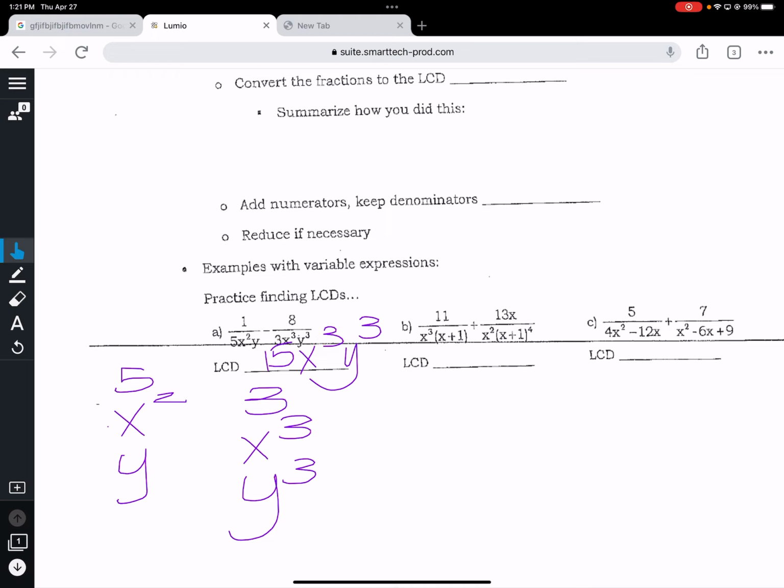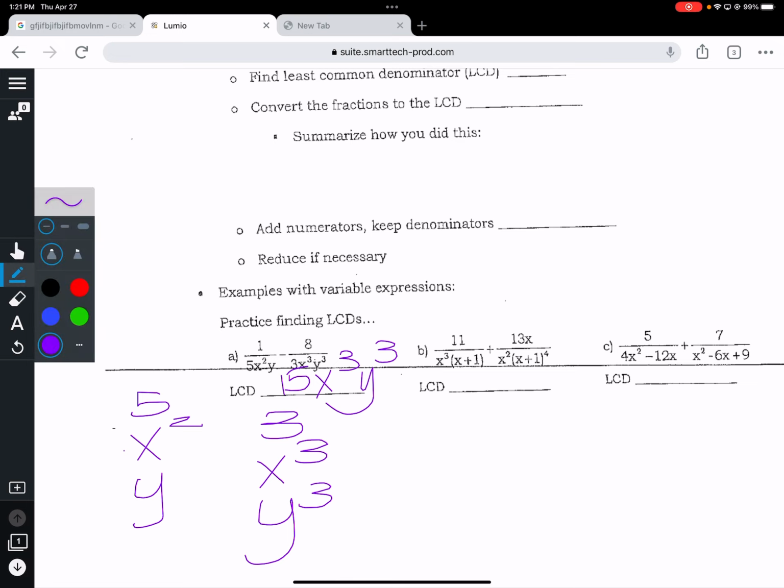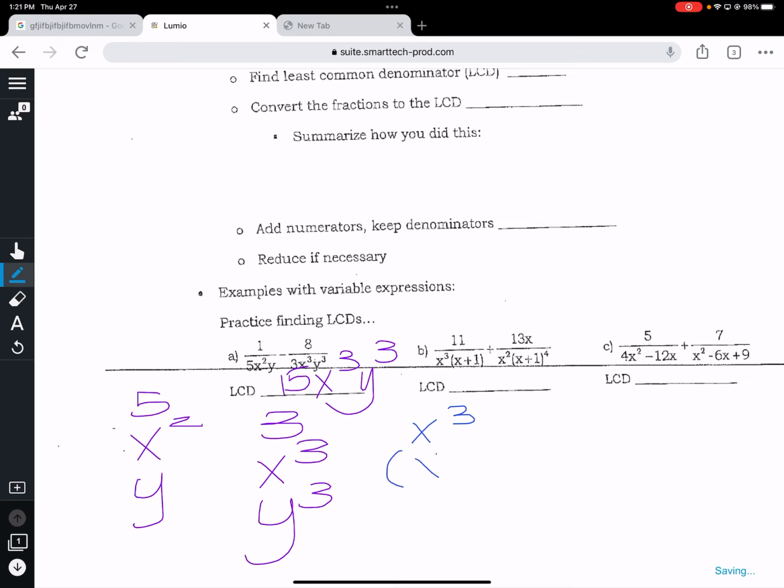All right, common denominator for b. We have x cubed, and we have this in parentheses, x plus 1, which kind of stands off by itself. You don't distribute the x to get x to the 4th plus x cubed.